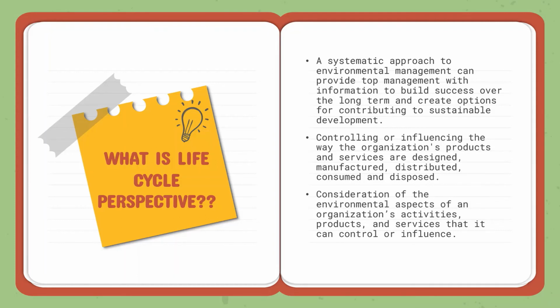The question is how? It is through controlling or influencing the way the organization's products and services are designed, manufactured, distributed, consumed, and disposed. To simplify, basically the life cycle perspective is a consideration of the environmental aspects of an organization's activities, products, and services that it can control or influence.